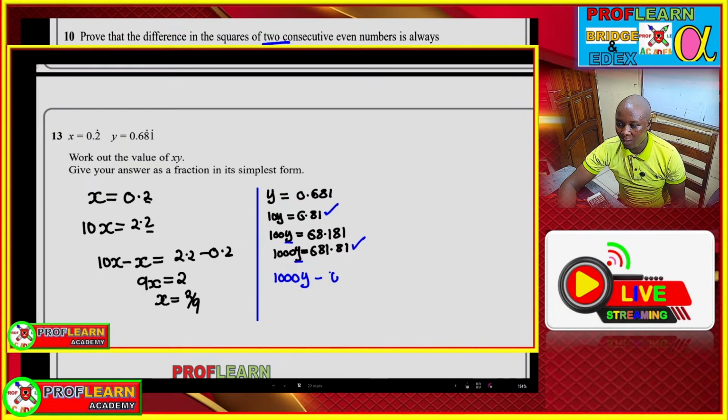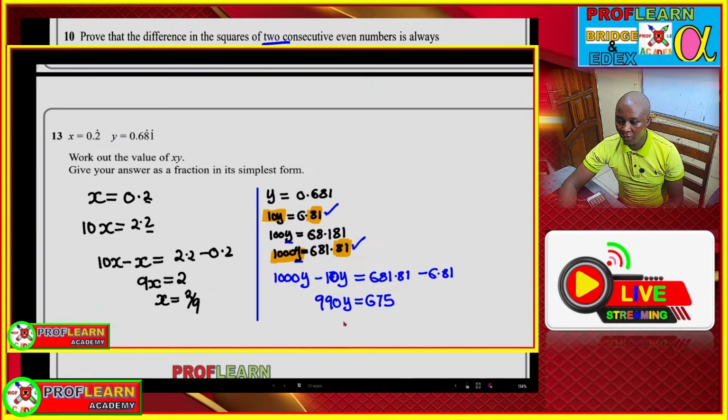Whatever you're going to subtract here is 1000y minus 10y, and this is going to translate to 990y is equal to 675. So if we divide by 990 on both sides, you shall have our y as a fraction equivalent to 675 over 990.